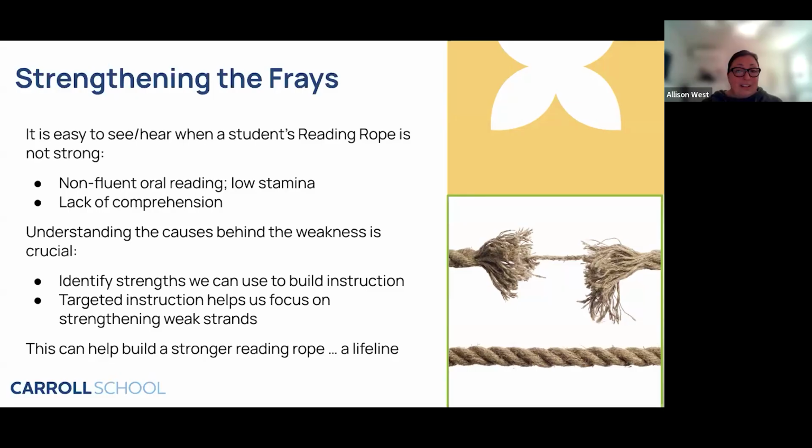And this is why focus area classes are so essential to student progress. When designing a student's focus area assignment, we always start by examining their reading, finding those frays in the ropes, and developing a plan for those kids to become truly skilled readers.